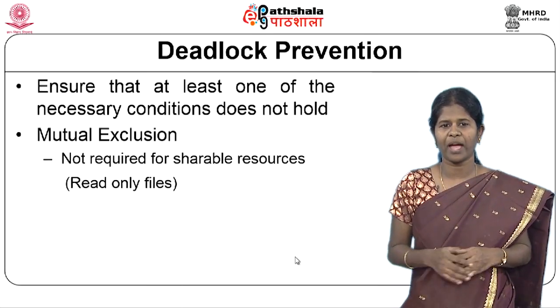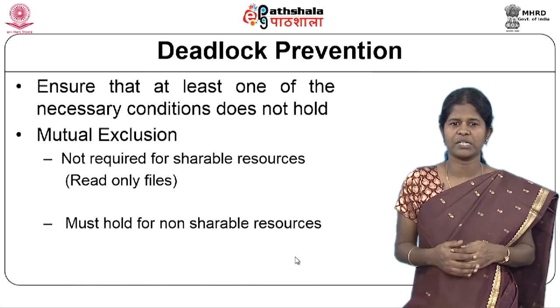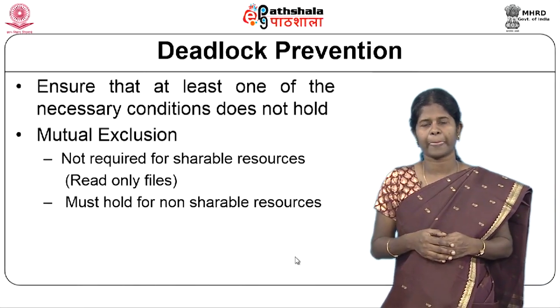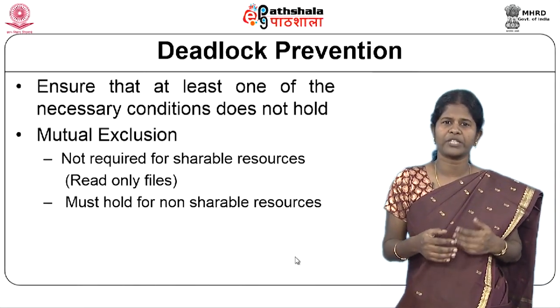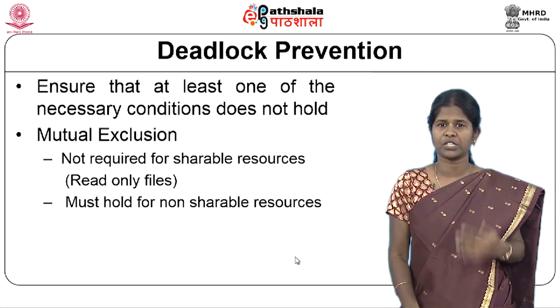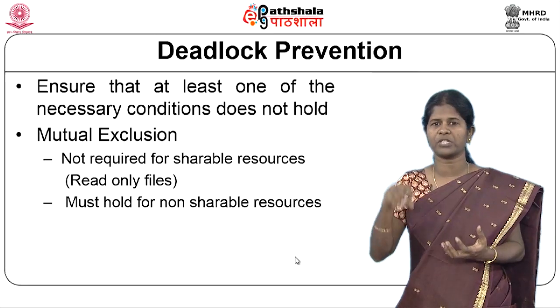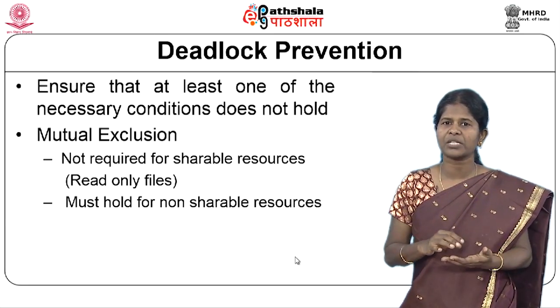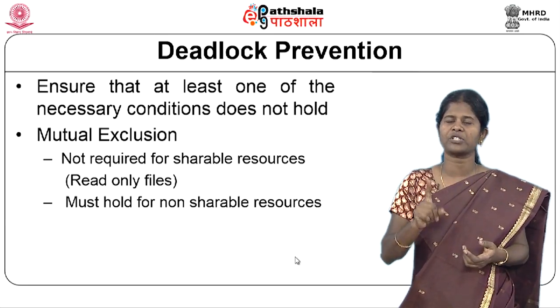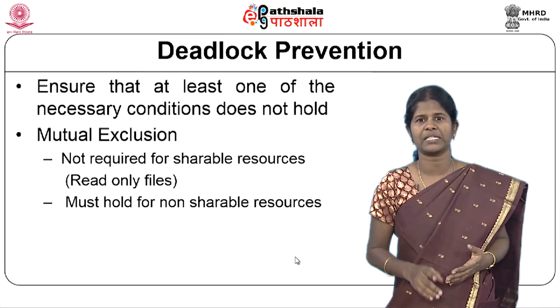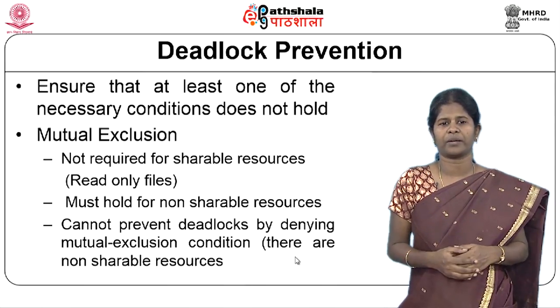But if you have resources which are non-shareable, then mutual exclusion must hold. That is, if a resource cannot be shared by many processes at the same time, it can be used by only one process at a particular time, and hence mutual exclusion will hold.